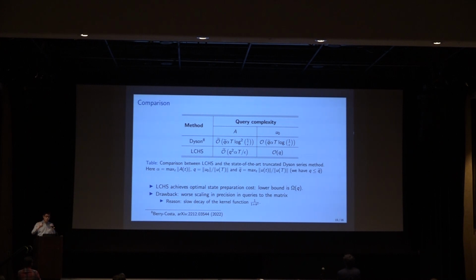It is a quadratically decaying function, and the integral is taken over the entire real axis, which means we need to truncate our integral at some finite size to make it numerically tractable. It is exactly that truncation that makes the convergence linear, because my kernel function does not decay very fast. So this is the main drawback of our algorithm, and it is definitely an interesting open question to simultaneously achieve the optimal state preparation cost and exponential convergence in terms of accuracy.